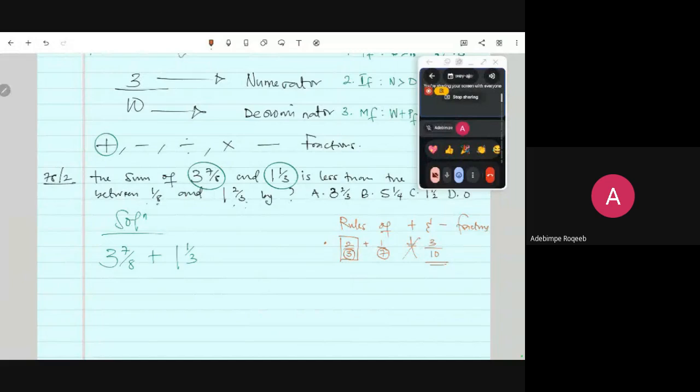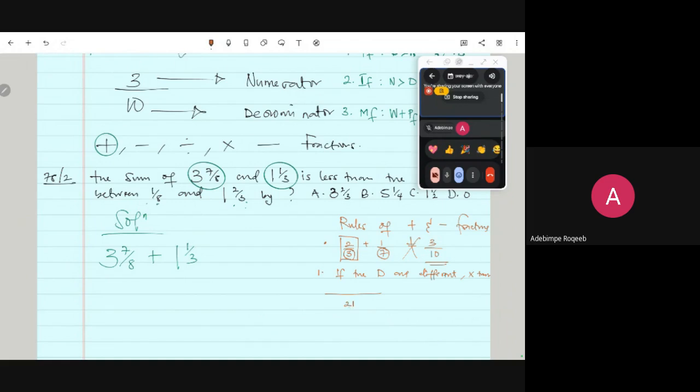So rule number 1, if the denominators are different, multiply them. In this case, 2/3 plus 1/7, the denominators are different. 3 is different from 7. What do you do? You multiply 3 and 7 together. So 3 times 7 is 21.